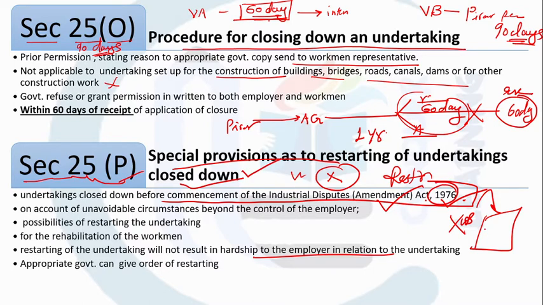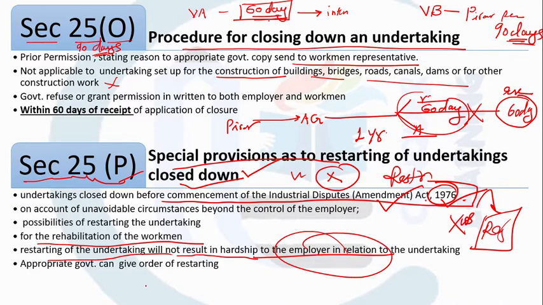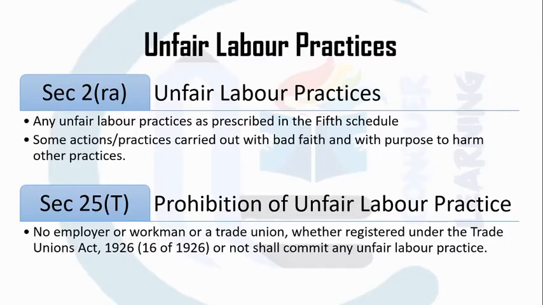So if the industrial establishment has been closed down before 1976, it can be restarted if the reason was unavoidable circumstances. It can be restarted for rehabilitation of workmen, but making sure that restarting the undertaking will not result in hardship to the employer in relation to the undertaking. The appropriate government can give the order for restarting. So this was amended in 1976.